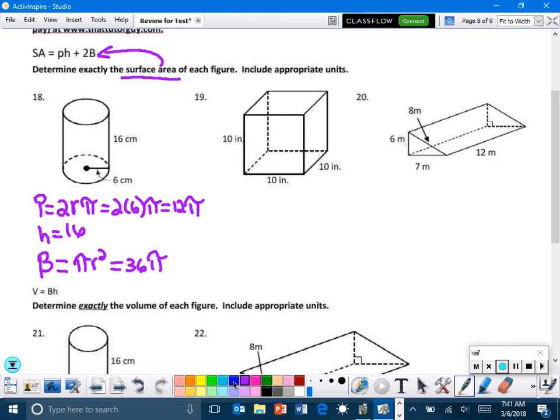Okay, so plug this all into the formula. Okay, kind of running out of room here. I'm going to erase this to make room.